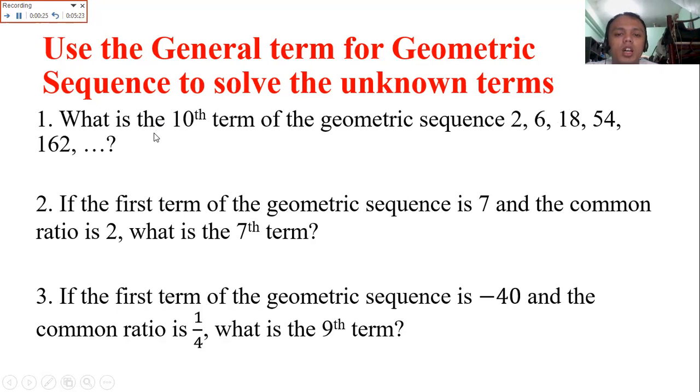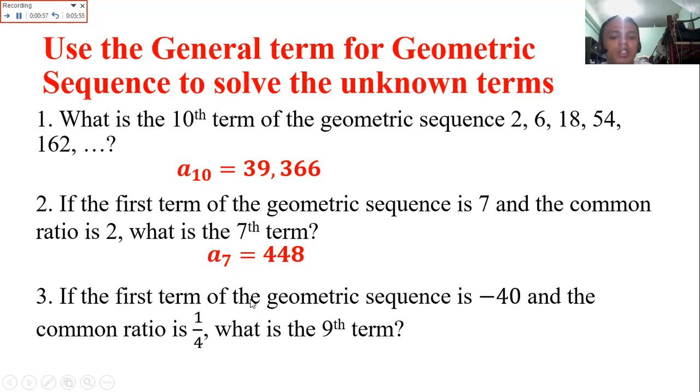Using the general term, we will come up with this answer: a sub 10 is equal to 39,366. Why? What is the common ratio here? 6 divided by 2 is 3. Next, if the first term of the geometric sequence is 7 and the common ratio is 2, what is the 7th term? Again, using the general term, you will come up with this answer: a sub 7 equal to 448.